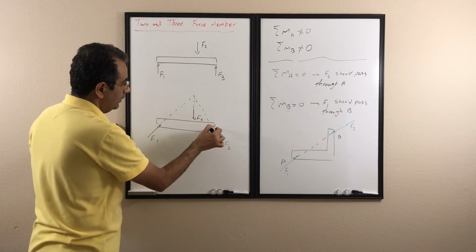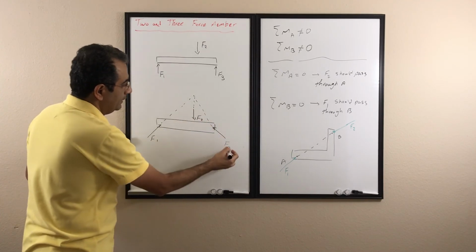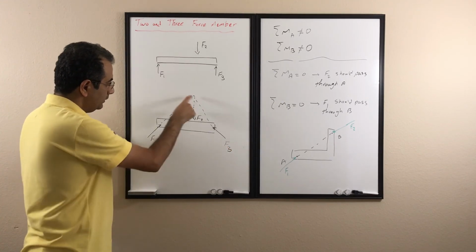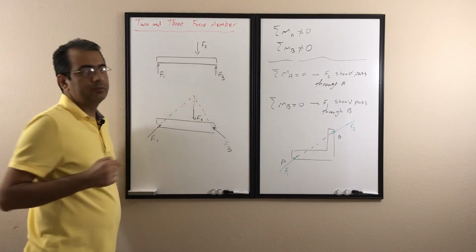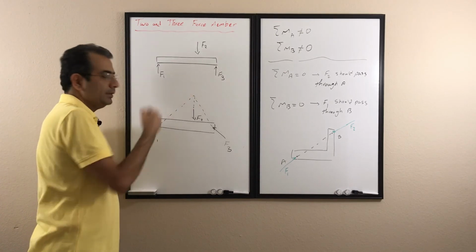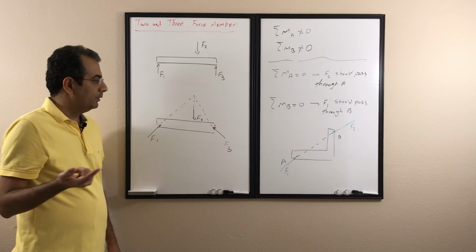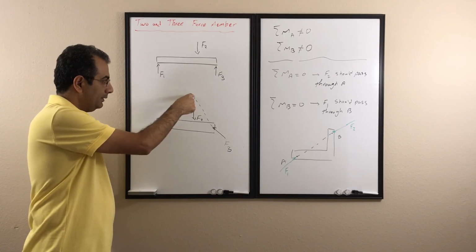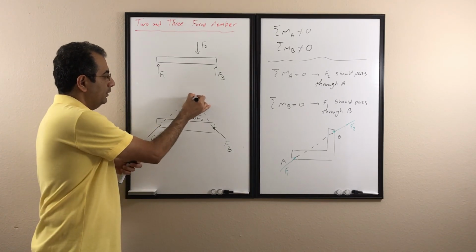The other case in which a member with three forces can be in equilibrium is when all three forces intersect exactly at a common point. So all three of them intersect right here. That's the other way. If not all three of them intersect at a single point, then it cannot be in equilibrium.